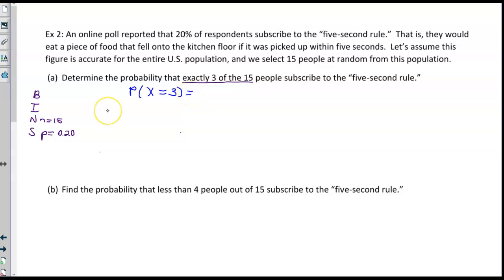So let me write out the general formula on the top right corner. You can find this formula on the reference sheet. There are some minor differences on the reference sheet. The first difference is that they use x instead of a lowercase k, and instead of q, they use 1 minus p.